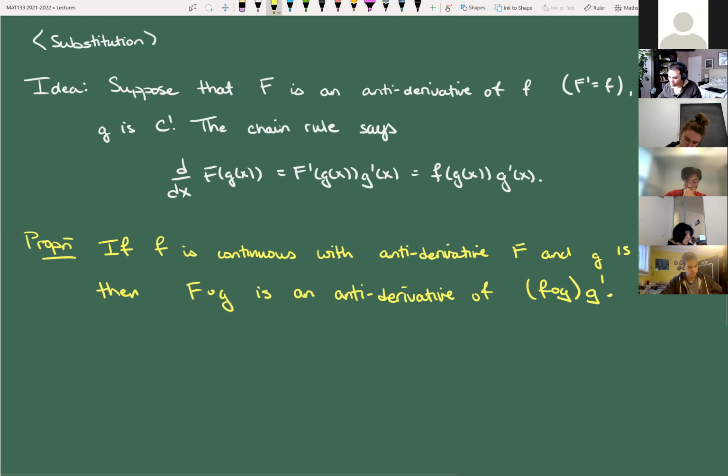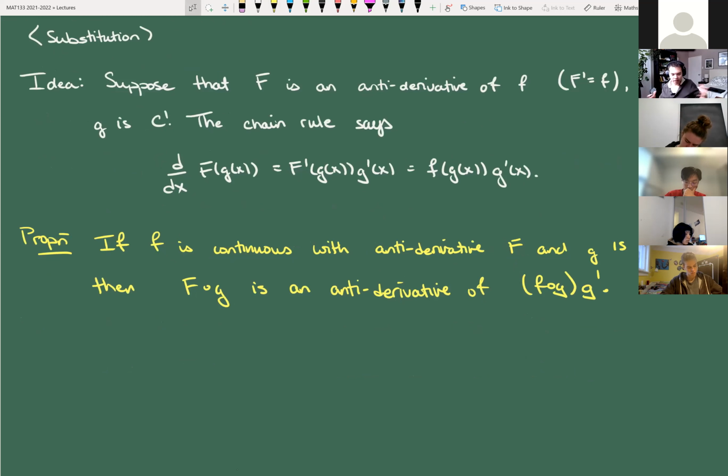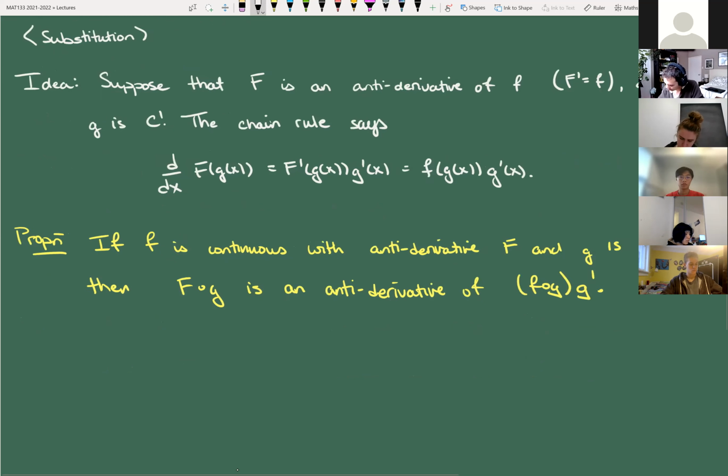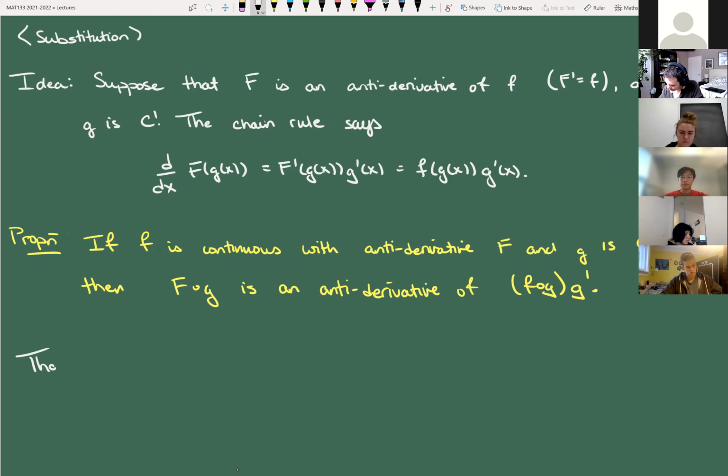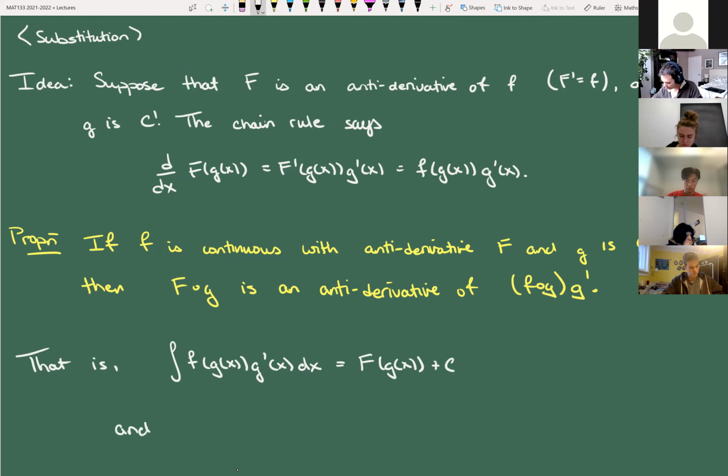So the way that we actually use this, though, because we haven't really done anything, we were like, oh yeah, it seems like you just wrote down some sort of complicated chain rule thing. The way that we're actually going to use this is the following. So the indefinite integral of this thing is F of g of x plus c, and the integral from a to b, so the definite integral, right?